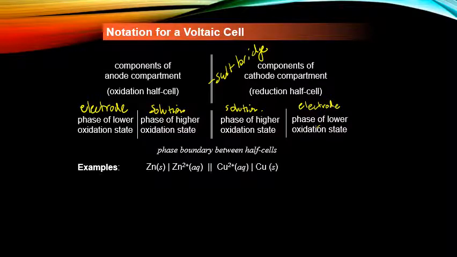So if we look at an example here for that reaction that we just did, I had the zinc going to the zinc 2+ ion. So I had the zinc electrode, the lower oxidation number, with a 0 oxidation number, going to a +2. I have the double lines to show us the salt bridge, or that boundary between the different half cells.